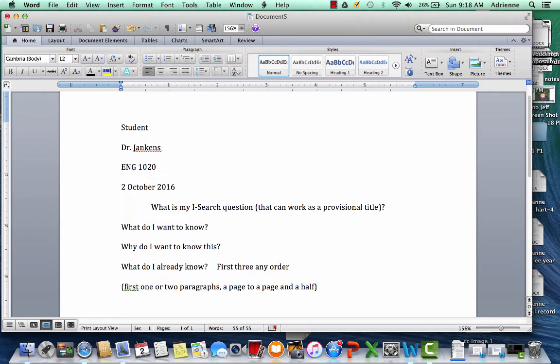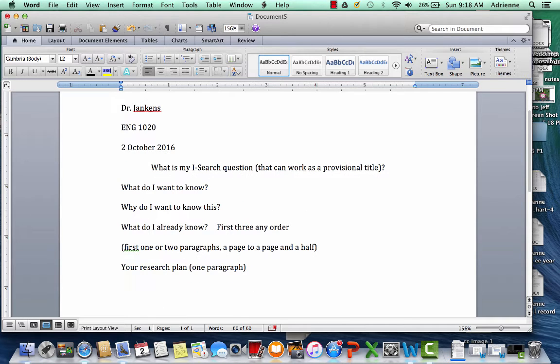Then you're going to write a paragraph on your research plan. And this is really going to be telling where do you think you will begin your research, what sources might you use, and this can go one of two ways.